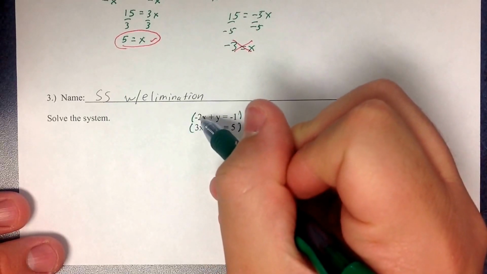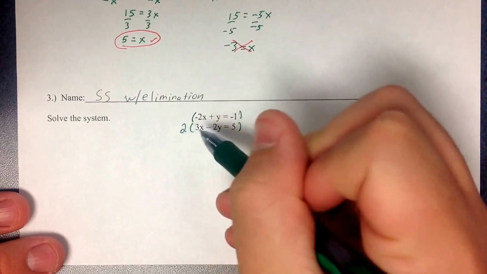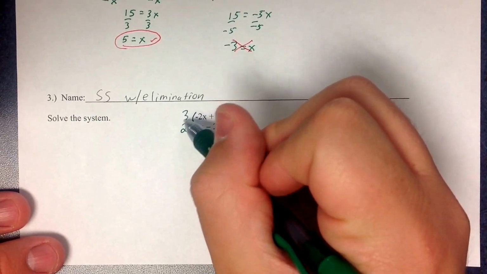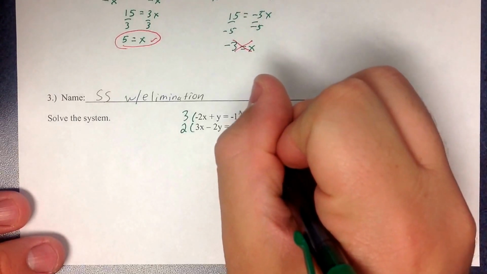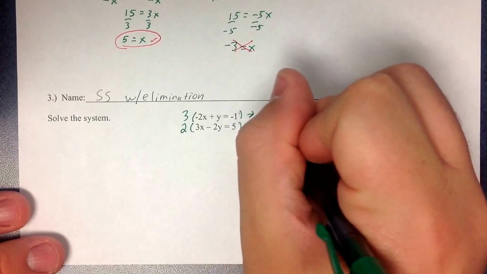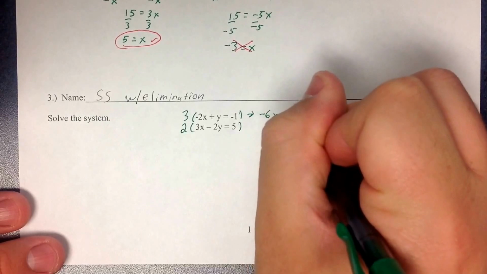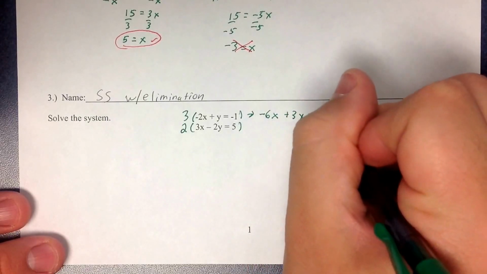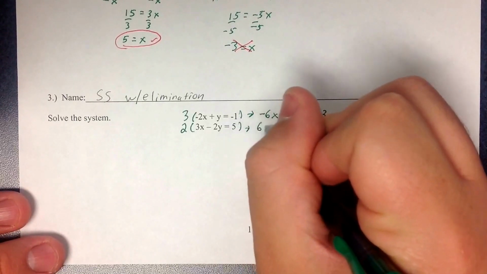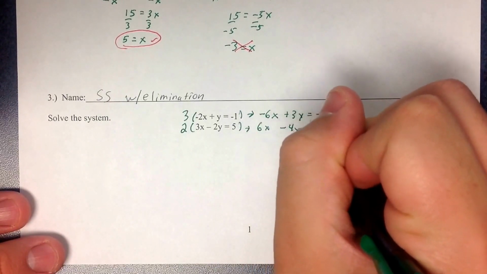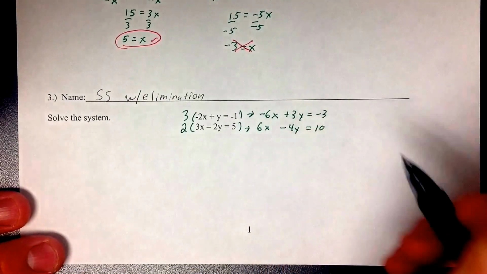So I just take the 2 that's on top, I'm going to multiply the bottom equation by 2 and the top equation by 3. So this equation becomes negative 6x plus 3y equals negative 3. And the bottom equation becomes 6x minus 4y equals 10.